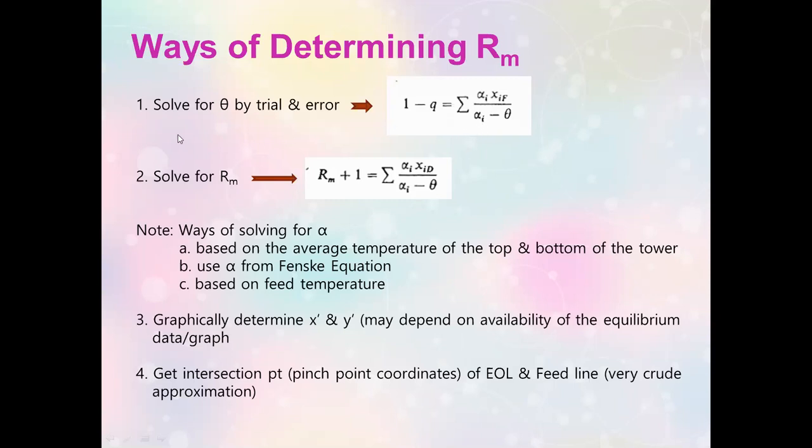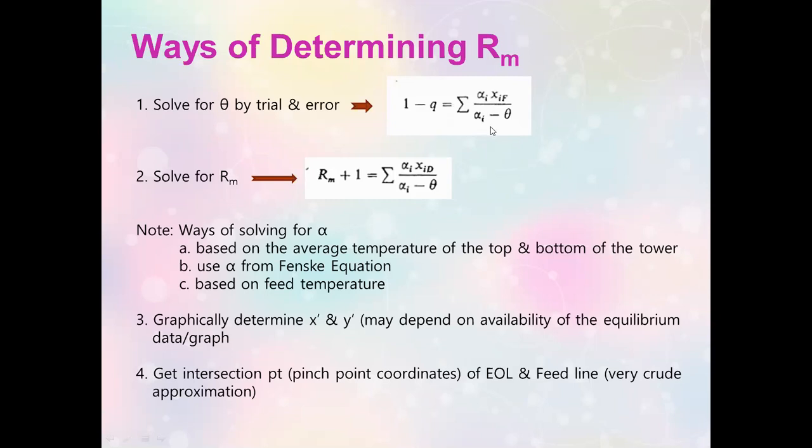So the thing with this particular method of trial and error, finding the RM, is that it's really very tedious, especially if the alpha is not given. And if you're already given the alpha, the thing is you have to find theta using trial and error.